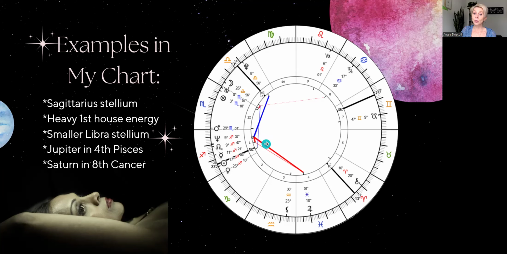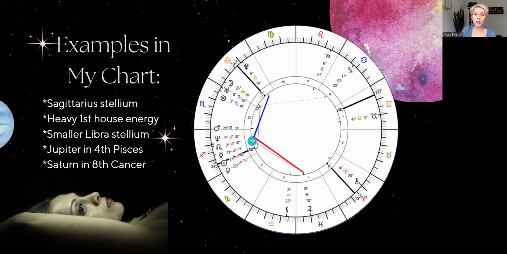But the big things I want you to remember when you're looking at the chart, okay, the outside, these are the signs, okay, the inside wheel are the houses, and all of your planets and placements are in between. Do not worry about the numbers that you see here. These are the degrees, and we don't need to worry about that yet. Do not worry about the lines that you see in the middle.